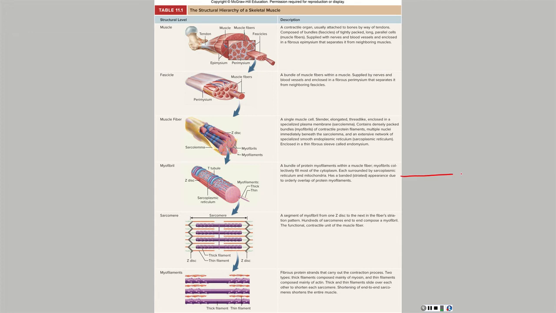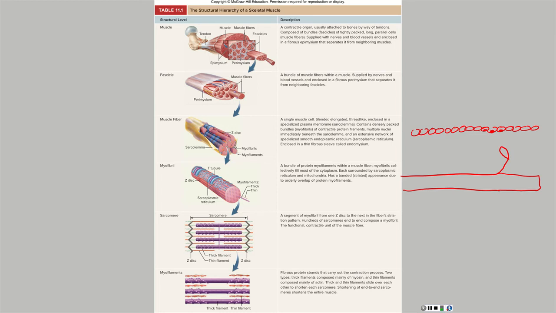So real quick, let me draw. Here's a myosin. I'm going to draw one myosin head coming off. And remember, there would be lots of those myosin heads sticking off. And then there's the fibrous actin made up of G-actin subunits. And each of those actins has an active site. But the active sites are covered up by tropomyosin.